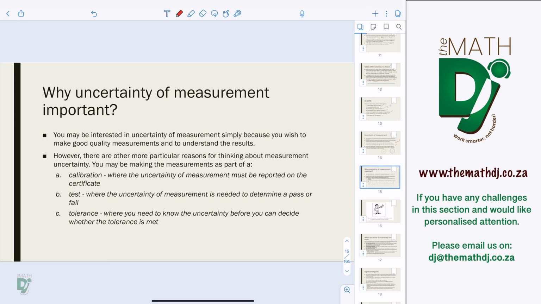Then you need to know uncertainty of measurement because you want to test. Second, test where the uncertainty of measurement is needed to determine a pass. For example, maybe you are manufacturing spare parts. In order for that spare part, maybe a car part, to work as a spare, it needs to meet certain measurement criteria.